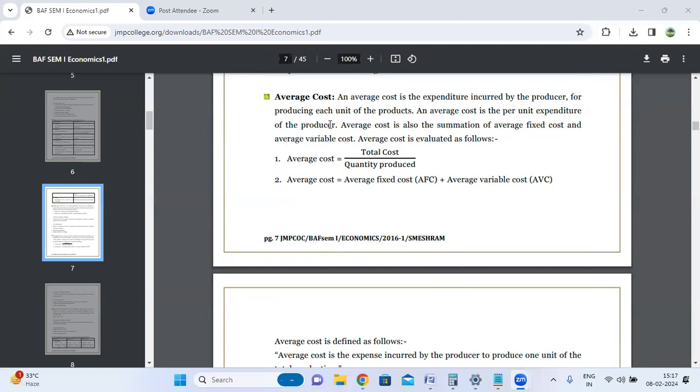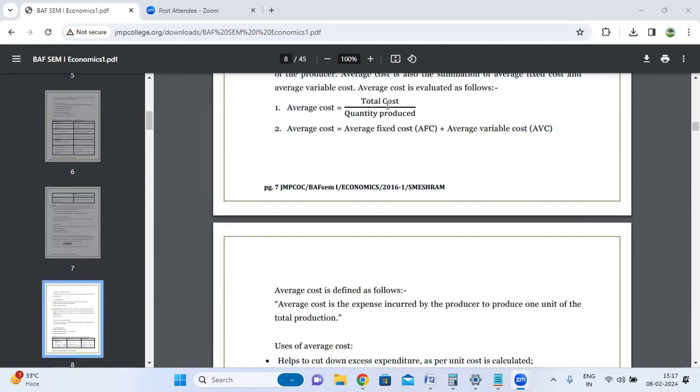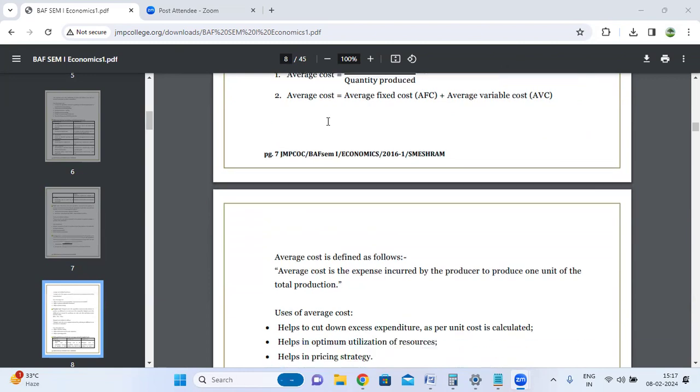Average cost is also the summation of average fixed cost and average variable cost. Average cost is evaluated as follows: average cost equals total cost divided by total quantity produced.